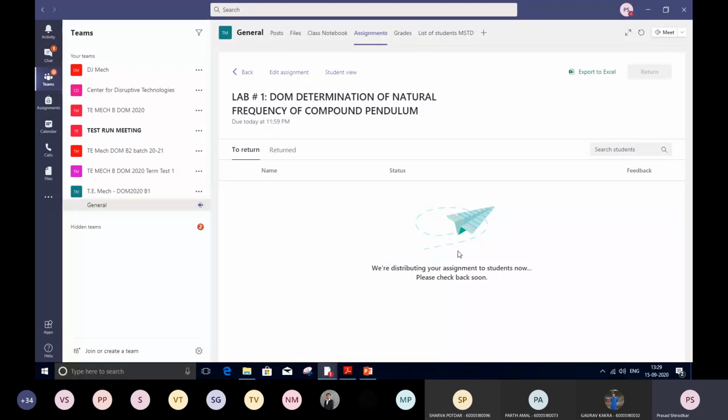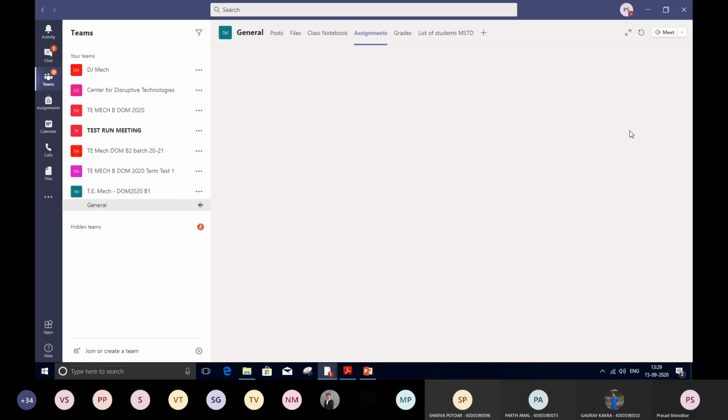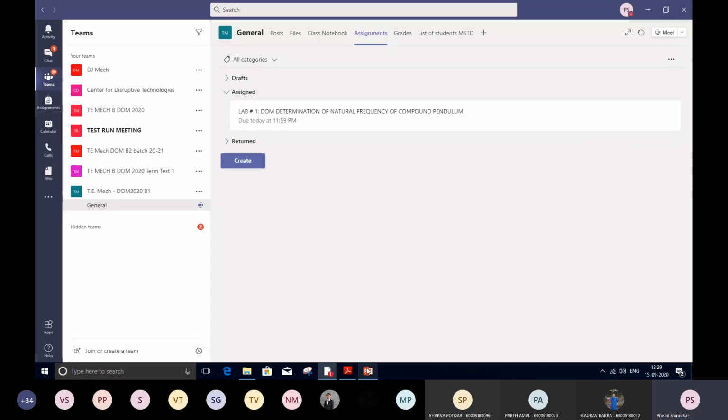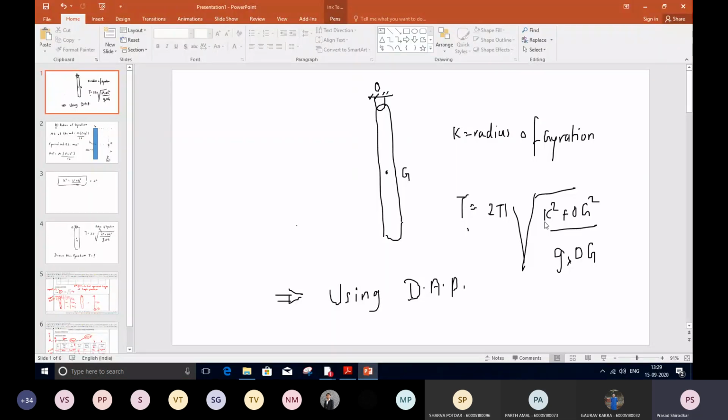So it is being distributed to the students. So in the meanwhile, you can start with the derivation. Once the derivation is done, you can upload it. Is everybody clear about the task? You are required to derive this equation, that is T is equal to twice pi into root of k square plus OG square divided by g times OG.